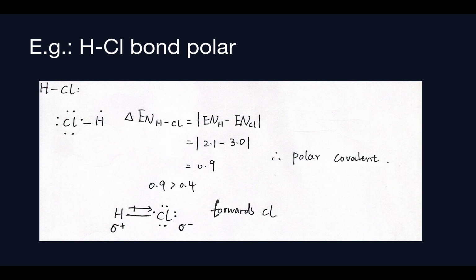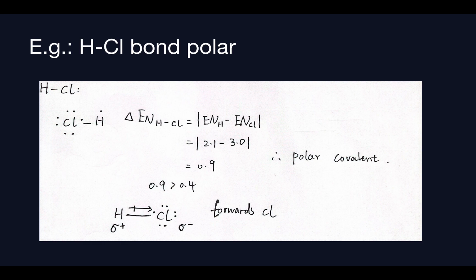Firstly, calculate the difference between the electronegativity of H and Cl. Also applying the absolute value, using the electronegativity of hydrogen minus the electronegativity of chlorine. Sorry, I also made that mistake, I made that mistake all the time.